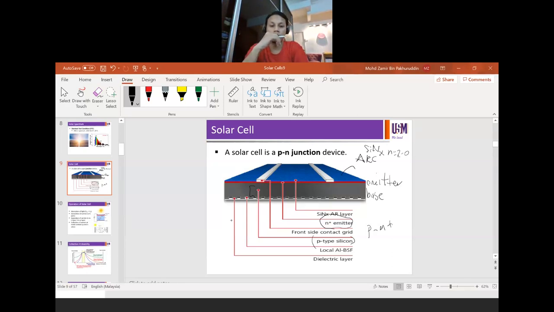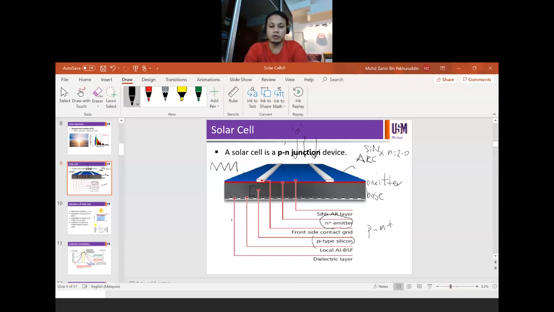Before you see the silicon nitride, you can actually see a rough surface, right? The surface is not so flat, it is composed of front pyramids in order to scatter incident light from the sunlight. Let's say sunlight is here, and you have all the incident light on the front side. The front surface pyramids will help to scatter the light into multiple directions to improve light absorption in the silicon solar cell.